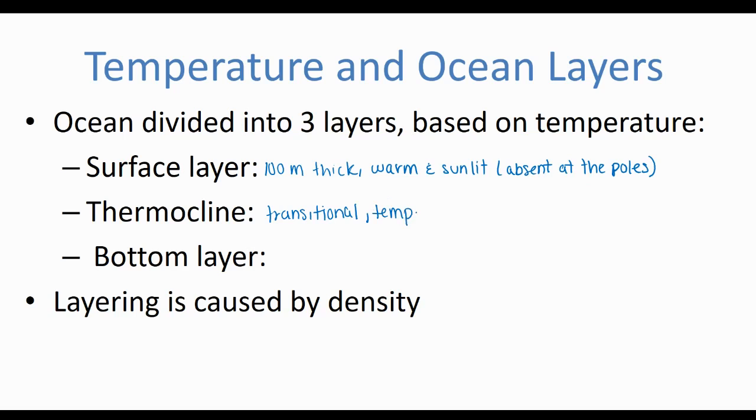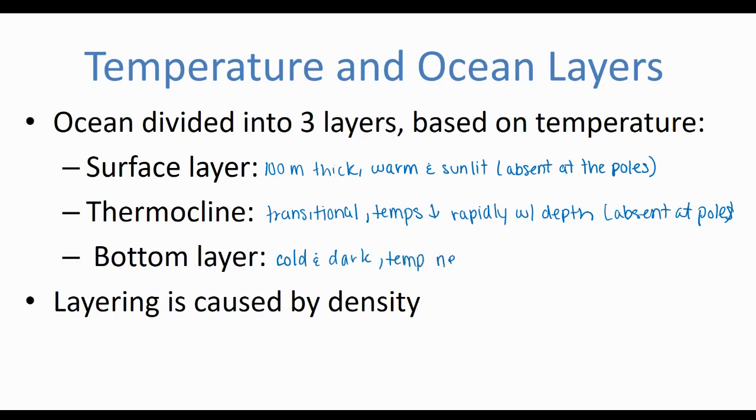And in the thermocline, the temperatures decrease rapidly with depth. And it's also absent at the poles. And the bottom layer is cold and dark, and the temperatures are going to be near freezing. This layering is also caused by density. So remember, cold water sinks, so it is more dense.